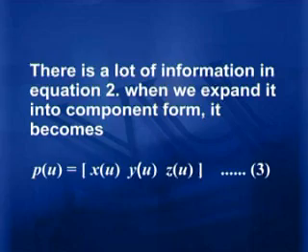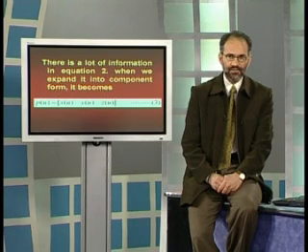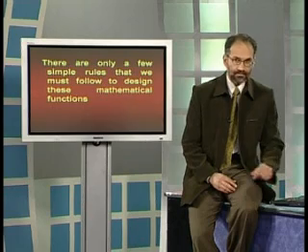You can see it's a row vector, and we mark this equation as equation number 3. So now we clearly see that the vector p, which we just defined as p of u, is actually the row vector x of u, y of u, z of u, being all the three components of that row vector.